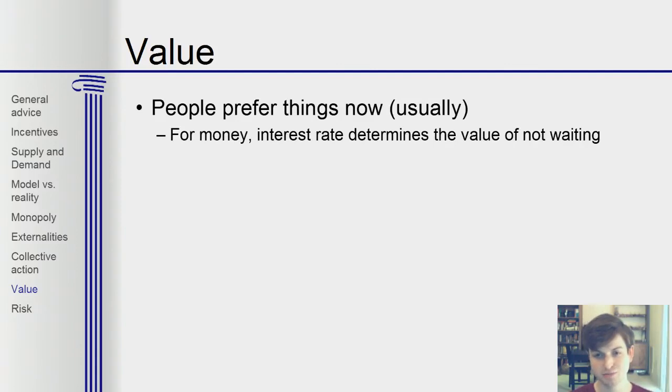In particular, for money, the interest rate determines the value of not having to wait. So if I was going to get $100 in a year, that's equivalent to me getting a smaller amount of money now, because I could put, say, $95 in a bank account and have $100 in a year. So we think of $95 now as equal to $100 in a year.